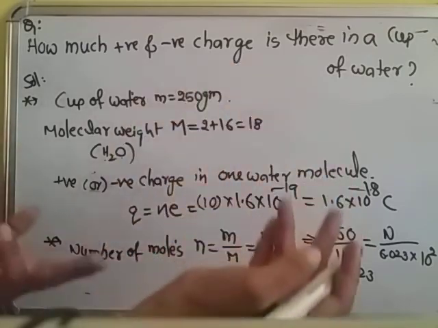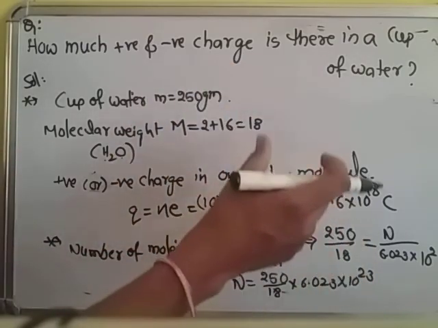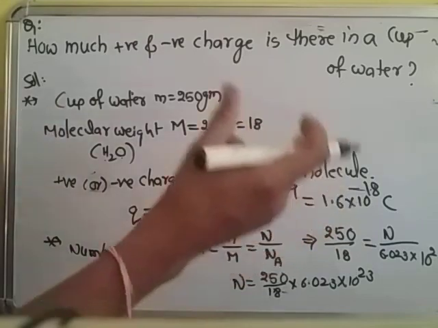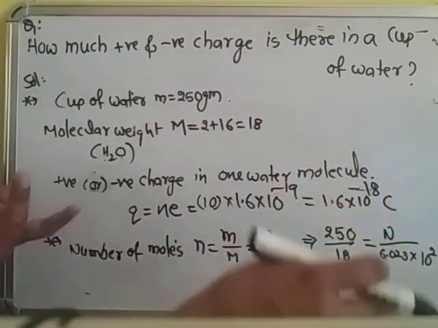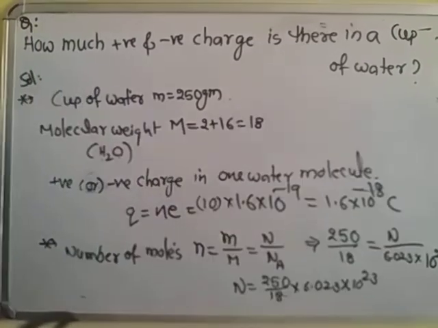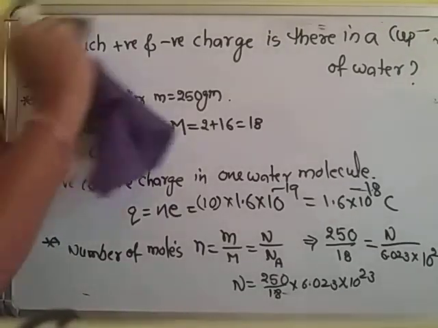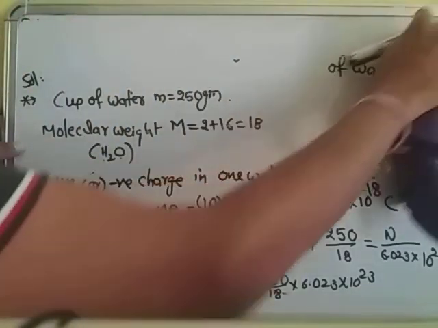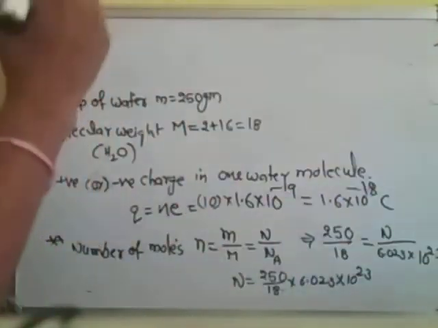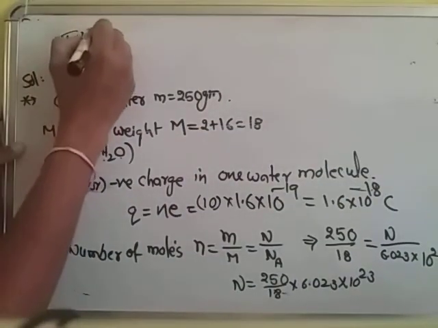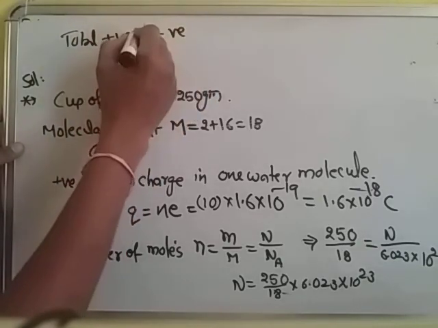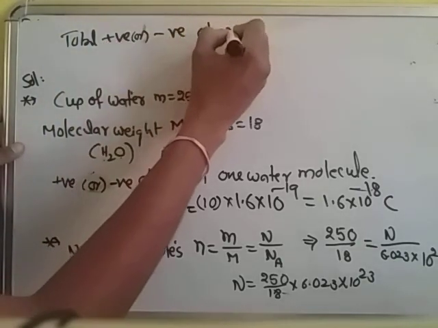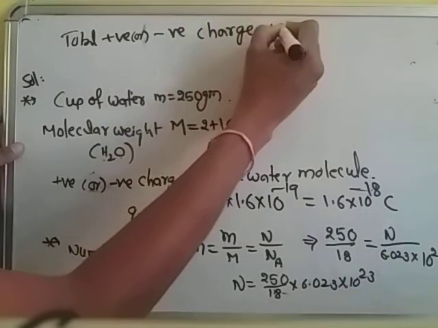Then the total positive charge or negative charge in the cup of water is nothing but the total positive charge on all water molecules which are present in the cup of water.